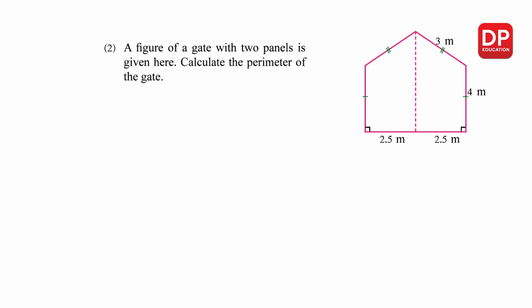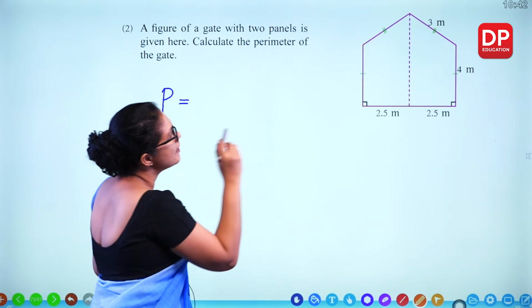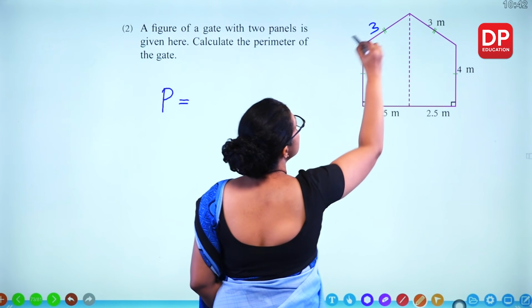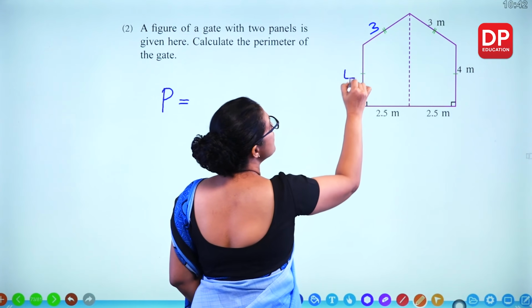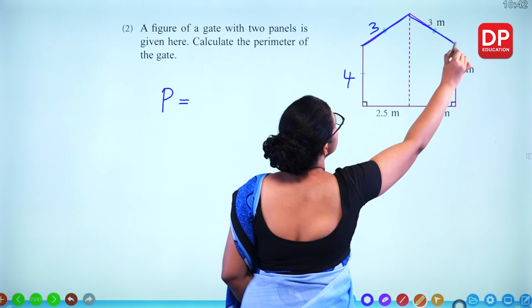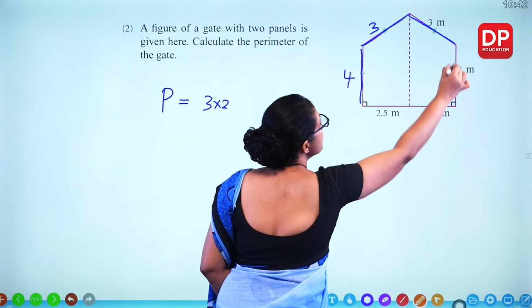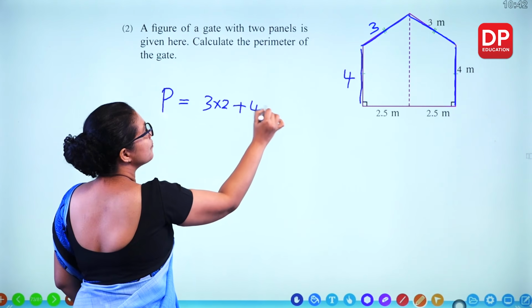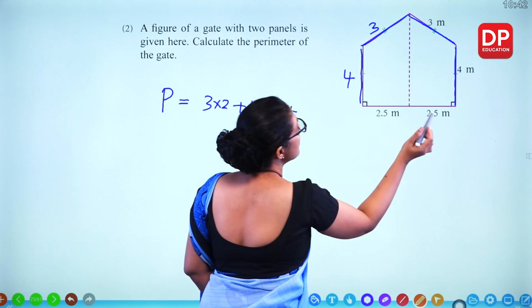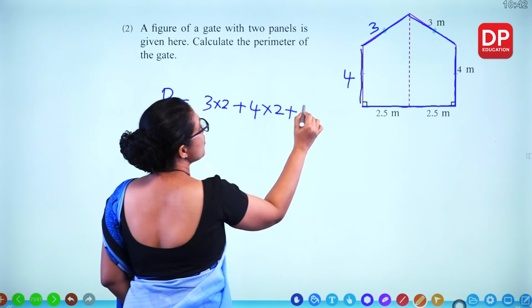Question number 2. A figure of a gate with 2 panels is given here. Calculate the perimeter of the gate. So we need to find out the perimeter of the gate. This is equal. This is 3. This is 3. This is 4. This one is 4. Now we'll find out 3 twice. 3 times 2. 4 twice and 2.5 and 2.5 twice.